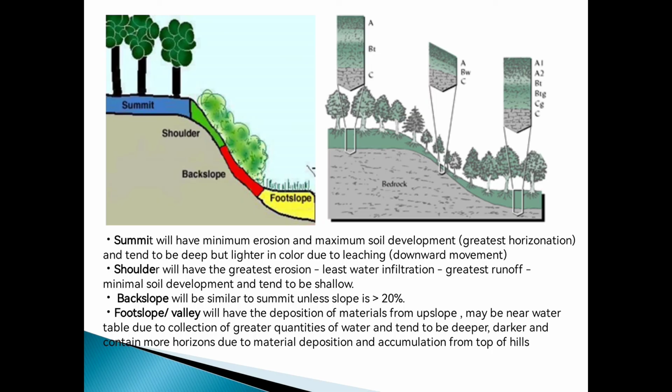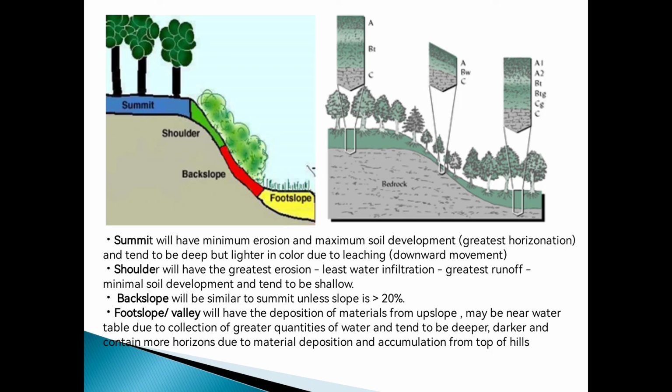We'll have the deposition of materials from upslope. So, titingnan natin, marami na siyang mga layers na na-form. And since mababa nga siya, it can be near the water table due to collection of greater quantities of water and tend to be deeper, darker, and contain more horizons due to material deposition and accumulation from top of hills.